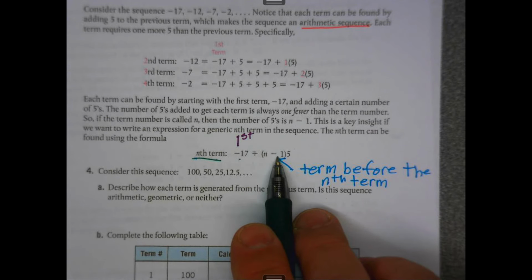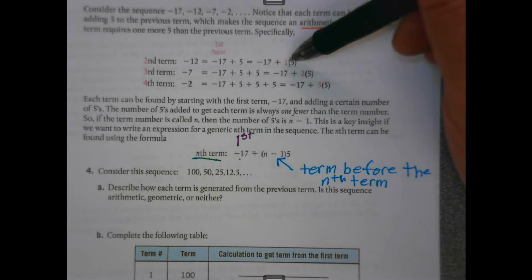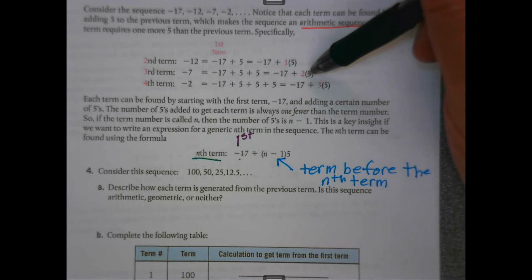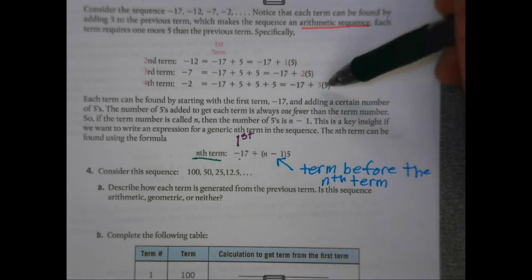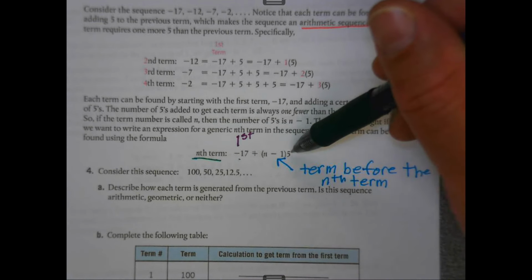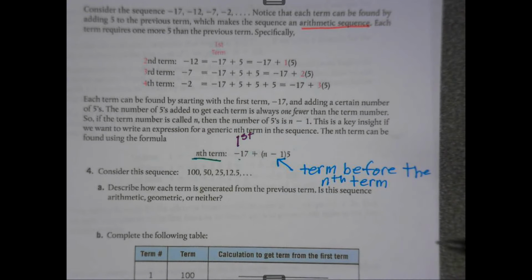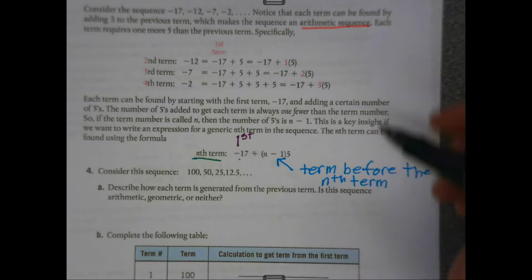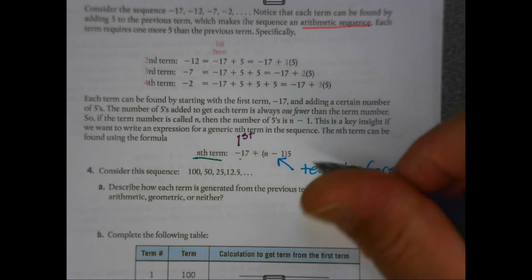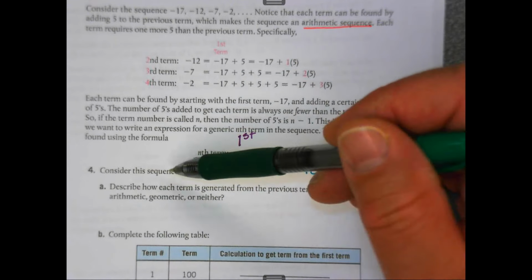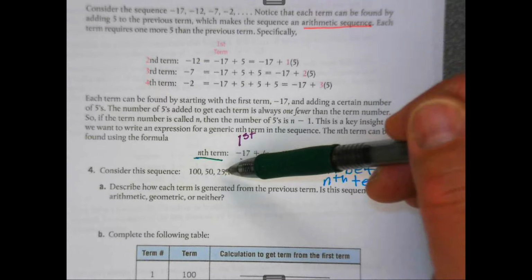Number 4, consider the sequence 100, 50, 25, 12.5. It says describe how each term is generated from the previous term, and is this sequence arithmetic, geometric, or neither? Well, the first term is 100.